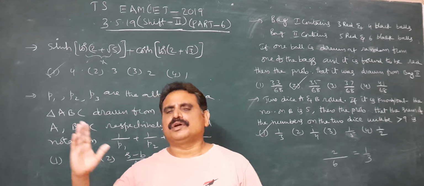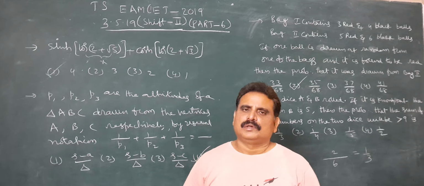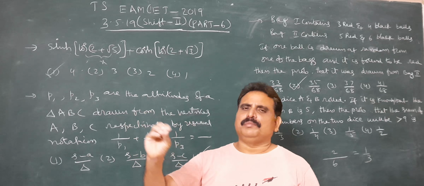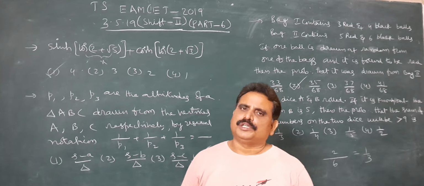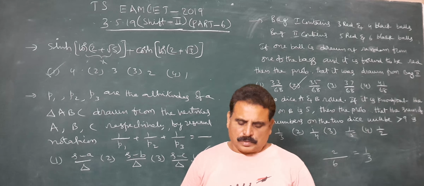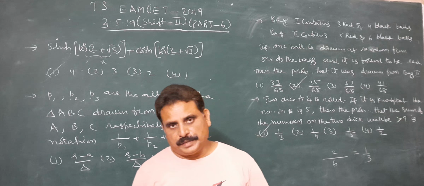Why unnecessarily go to them? Don't touch that type of question. Maybe 4 or 5 questions take much time. Don't bother about that. So 67, that is in TS MSET.